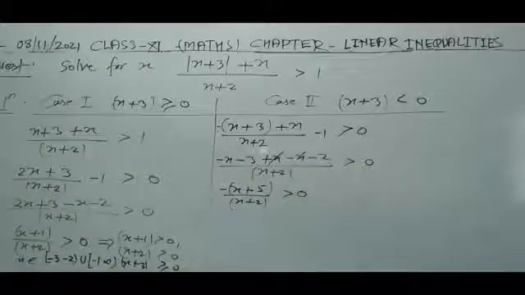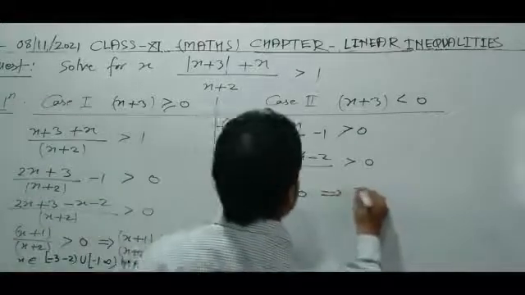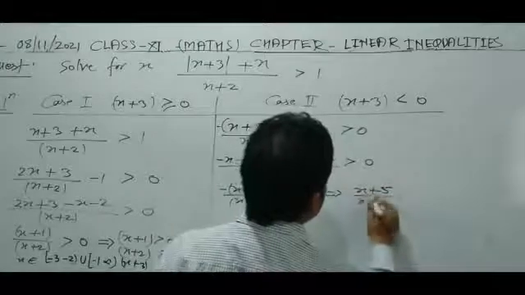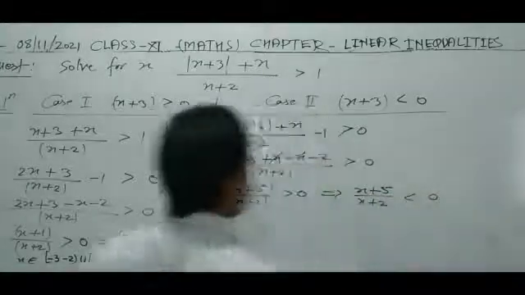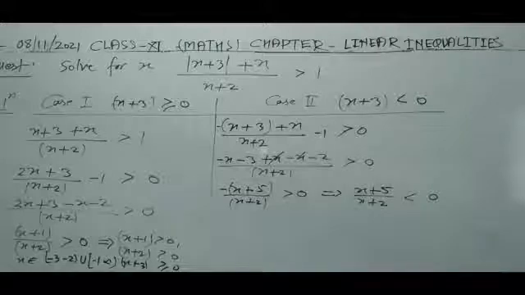Now when you change the negative sign, this implies we can write (x + 5) upon (x + 2) is less than 0. For this inequality, what will be the condition? Multiplying by (x + 2) squared, the product (x + 5)(x + 2) will be less than 0, and its range will be x belongs to minus 5 to minus 2.